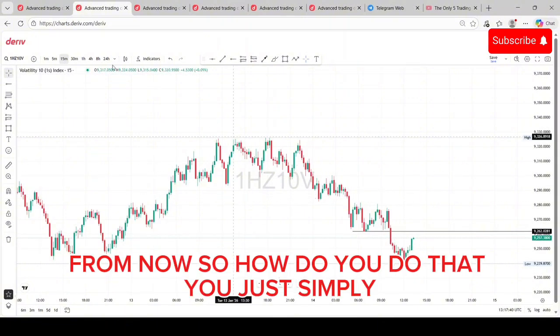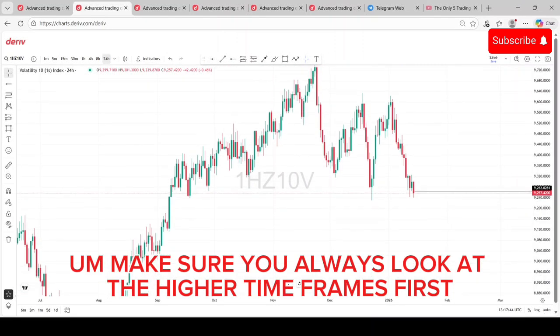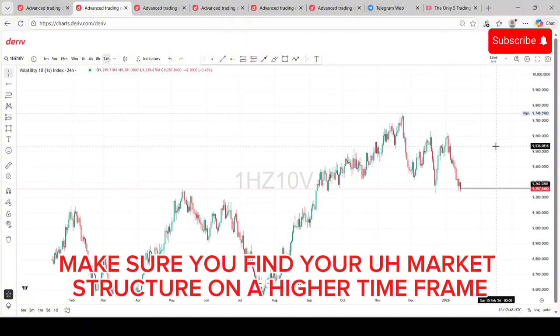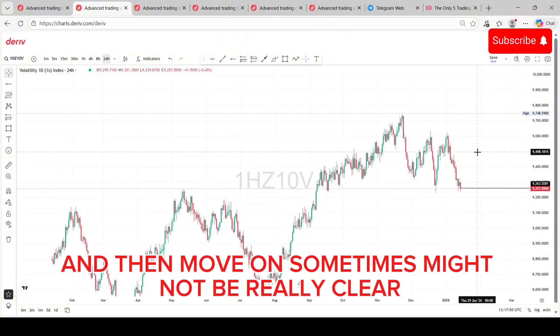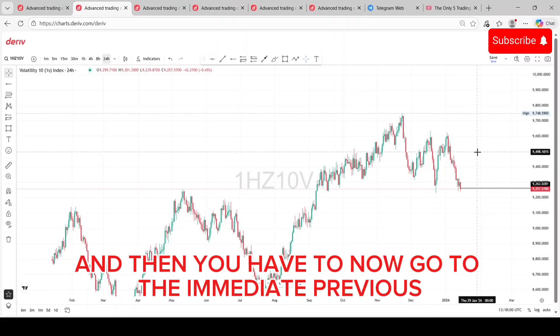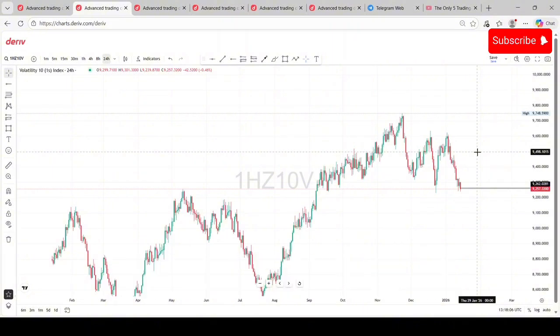So how do you do that? You just simply make sure you always look at the higher time frames first. Make sure you find your market structure on a higher time frame, and sometimes it might not be really clear on this time frame, and then you have to go to the immediate previous time frame, and then continue like that.